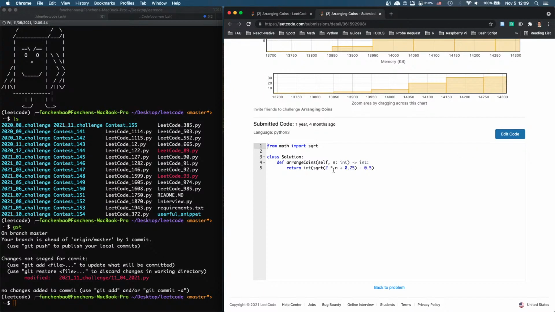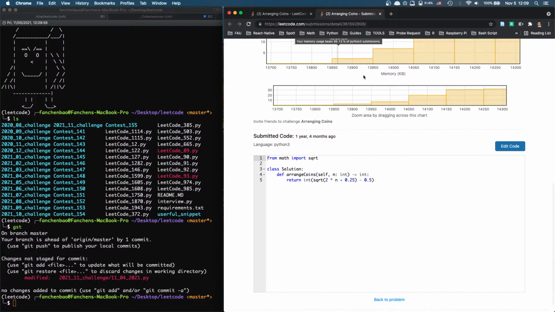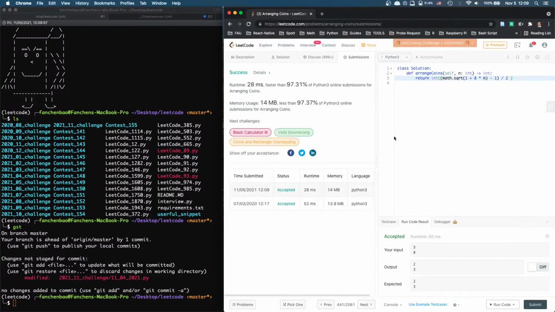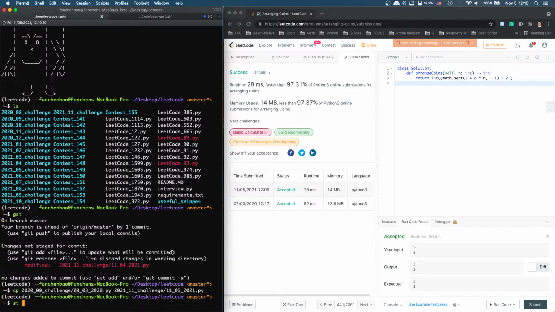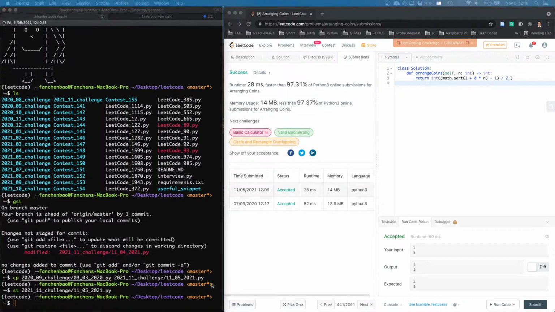Square root of 2 times n plus this minus, oh yeah, that's the same thing. But why is this one faster? Doesn't matter. Alright, so in this case, I have to write the solution in the other format, the loop format. Okay, let's write it in the loop format.